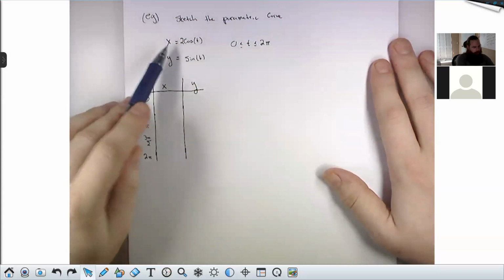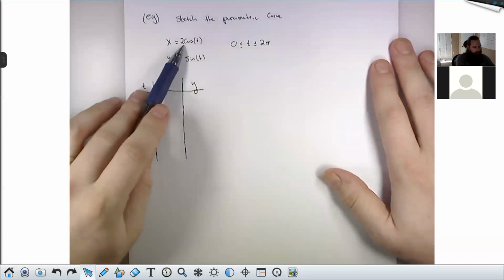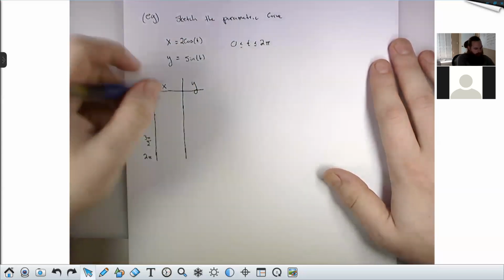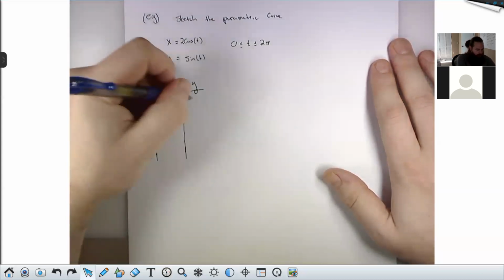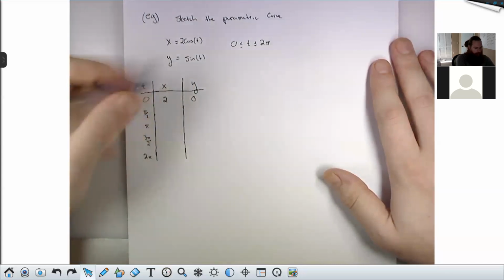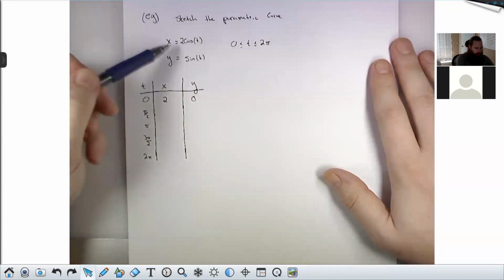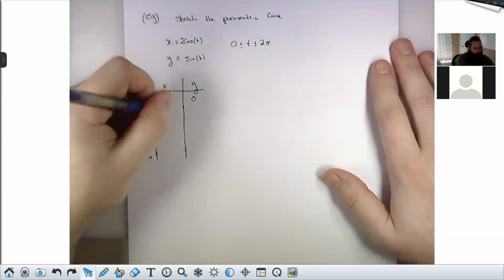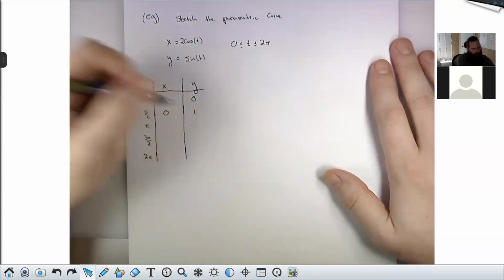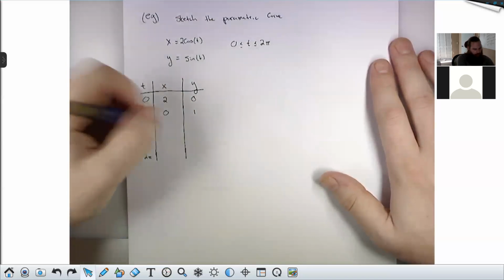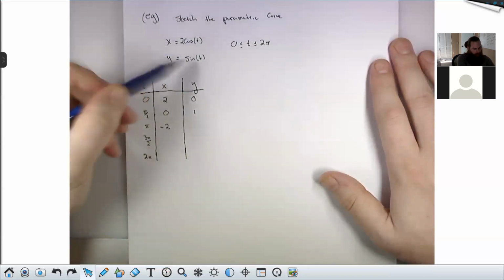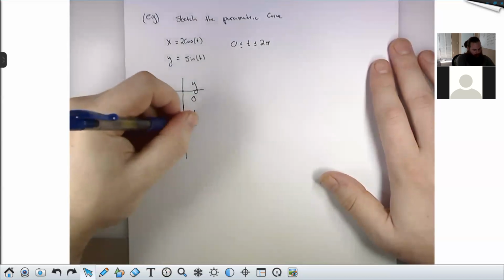If I plug in 0 for t, then x is 2 times the cosine of 0, which is 2, because the cosine of 0 is 1, and y is 0. If I plug in pi over 2, cos of pi over 2 is 0, so 2 times 0 is 0, and the sine of pi over 2 is 1. If I plug in pi, the cosine of pi is negative 1, so x will be negative 2, and sine of pi is 0 again.